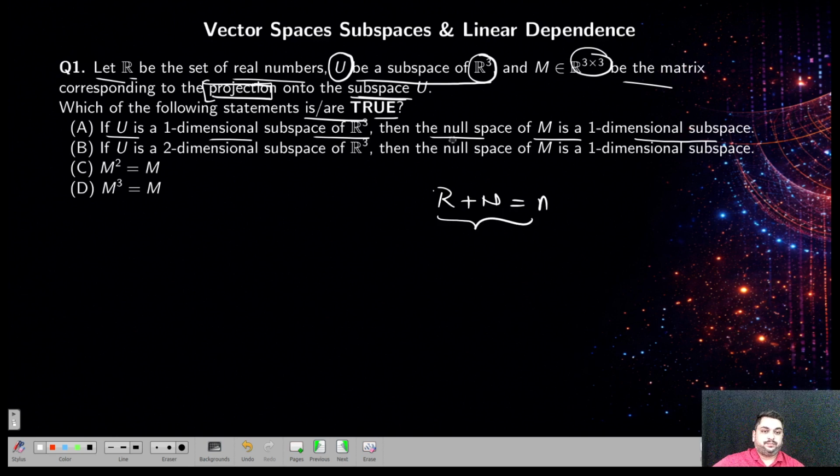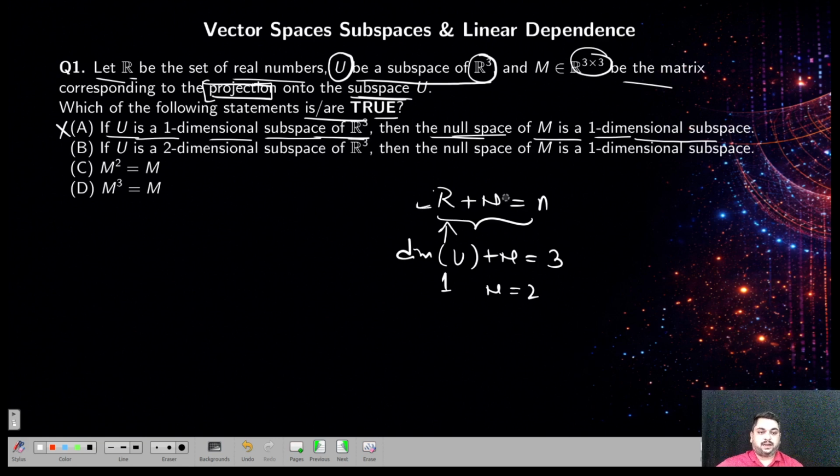If U is a one-dimensional subspace of R cube, then the dimension of the column space of M, which is U, defines nothing but the rank. This plus nullity should be equal to 3. When they are saying it's one-dimensional, definitely the nullity is 2. So the null space is not one-dimensional. So this is false. Again, this is based on the property, the rank nullity theorem.